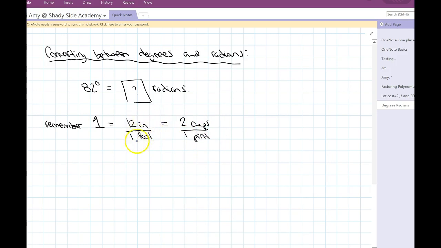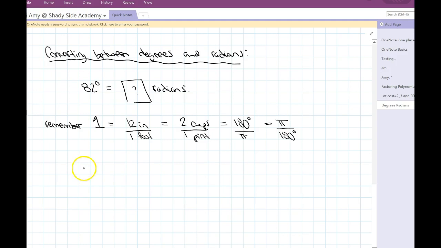When you take into account the units that are involved, these are also 1. And another 1 is 180 degrees all over pi radians. That is also the number 1 because, again, different units, but same entity. And similarly, pi radians over 180 degrees is the number 1.